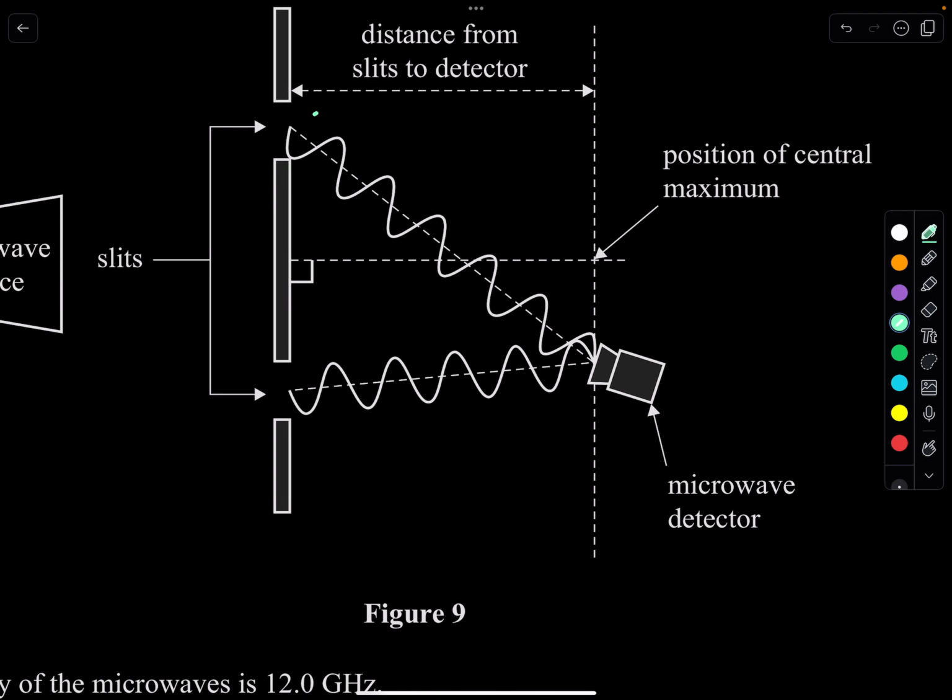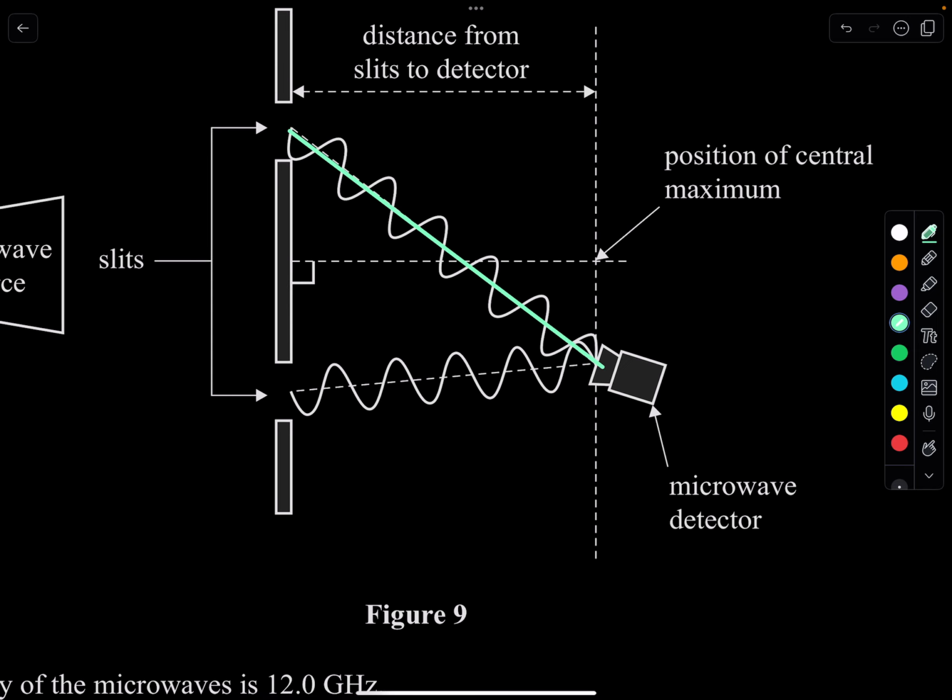Let's first have a look at the length from here to here. One complete wave is your wavelength. And how many are there? That's going to be 1. Let me just copy and duplicate this.